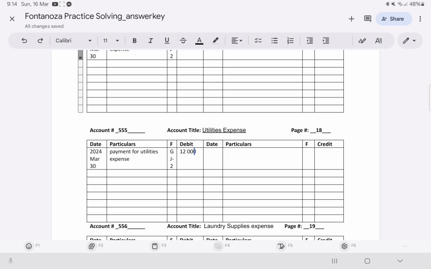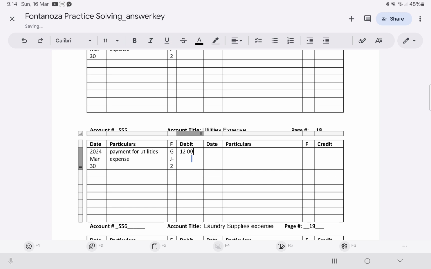And there might be errors if you cannot post the correct amount, for instance instead of 12,000 you only input 1,200. Then there's a big problem in your trial balance or in the next computation of the requirement, because it's not balanced anymore.